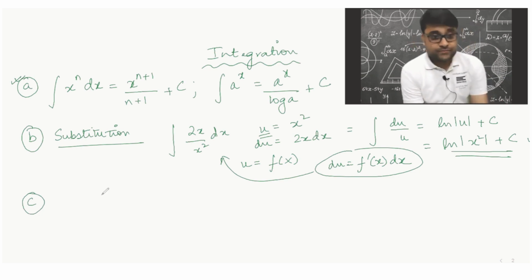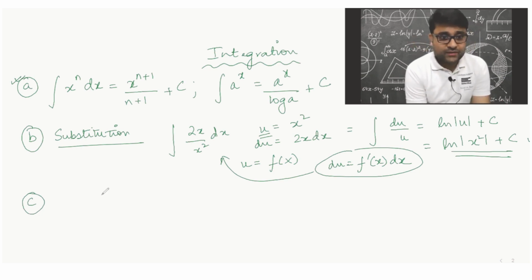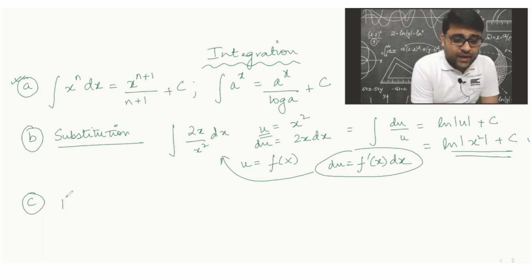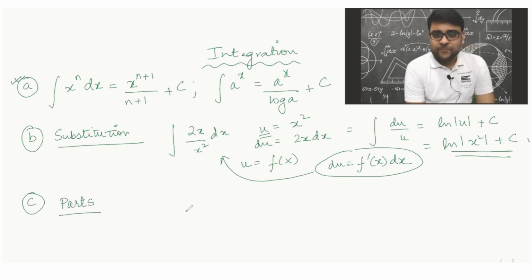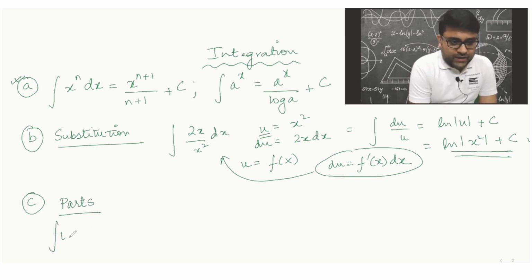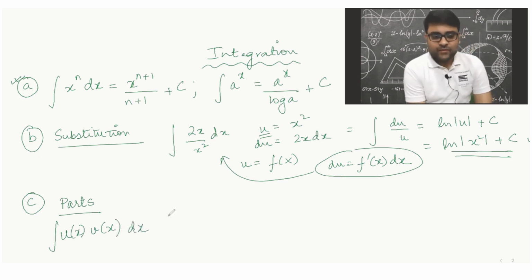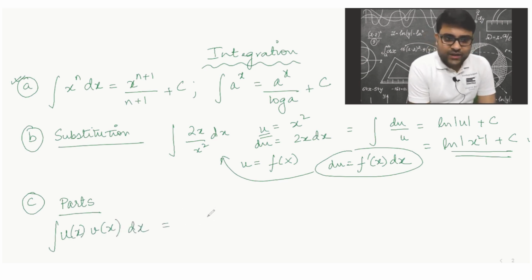Part C, which is important for these entrances, will be integration by parts. So integration of u, which is a function of x, times v, which is a function of x, dx. I will write this thing down in this way.